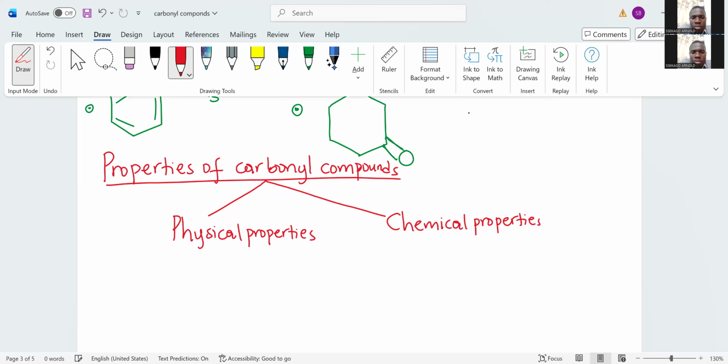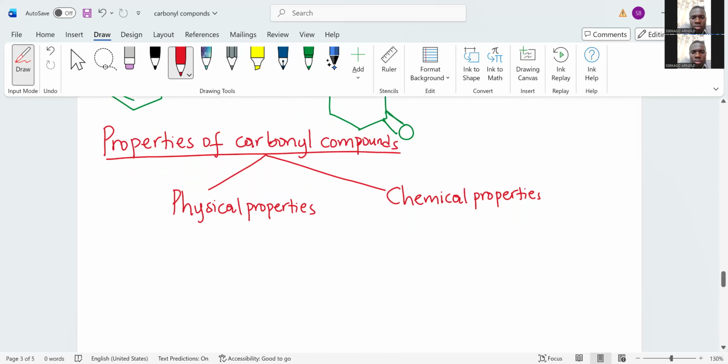So those are the two kinds of properties of exploration. I want to start with the chemical properties.